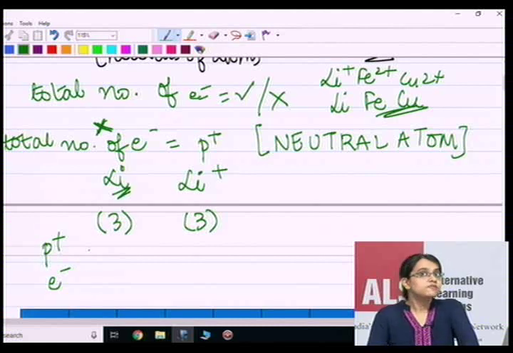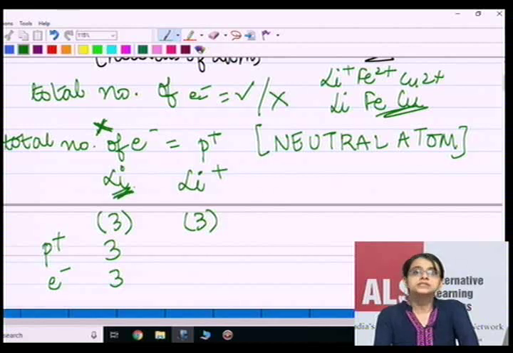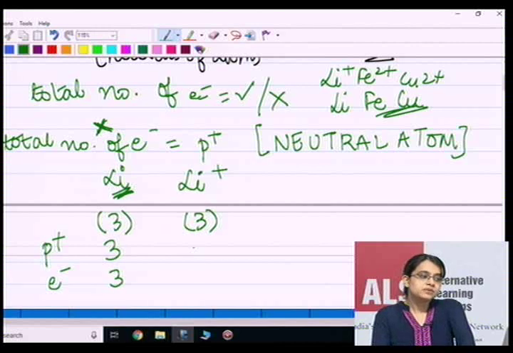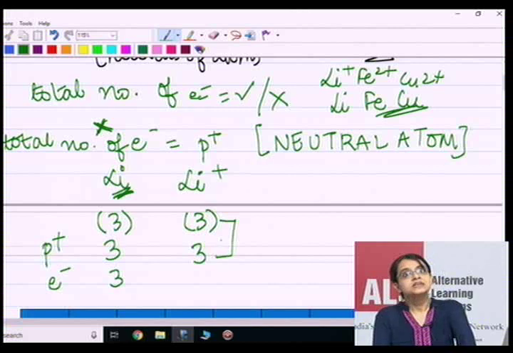Now let us compare the number of protons and electrons that we have here. What will be the number of protons in a lithium atom? It will be 3. What will be the number of electrons? It will be 3. Why? Because I have no charge. Okay, it is a neutral atom. Now for Li+, what will be the number of protons? 3. Because atomic number is 3, so the number of protons is 3 always.